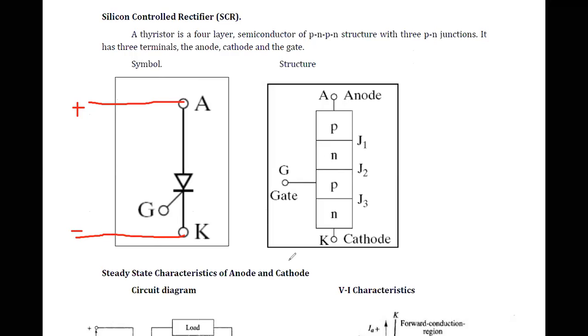If I reverse the polarity, say I apply negative to the anode and positive to the cathode, the diode becomes reverse biased.